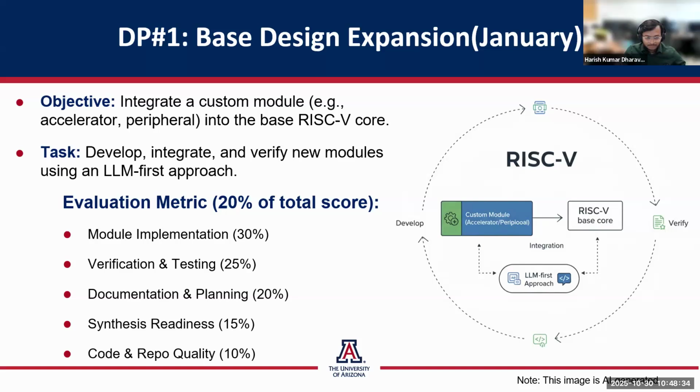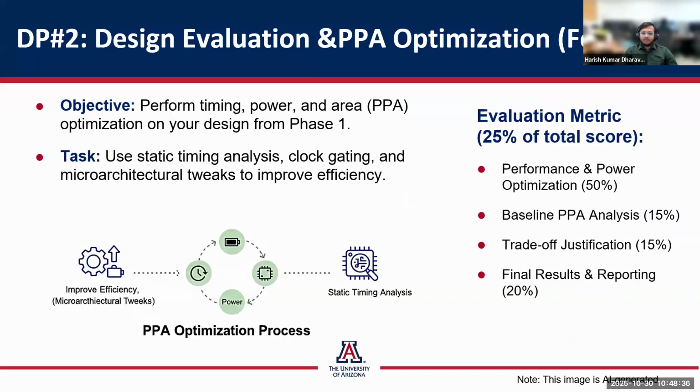Like we discussed design phase one, let's discuss design phase two, where we are going to undergo design evaluation and optimize your PPA, which is power, performance, and area. Performance relates to timing, or how fast your implementation is being executed.